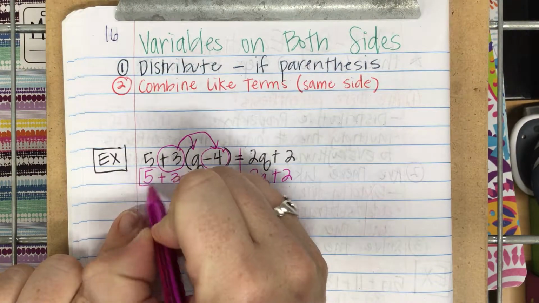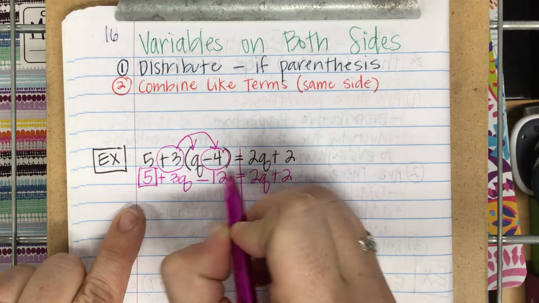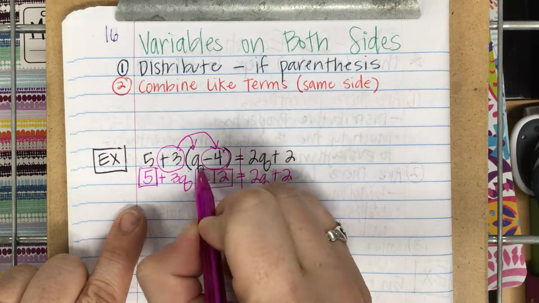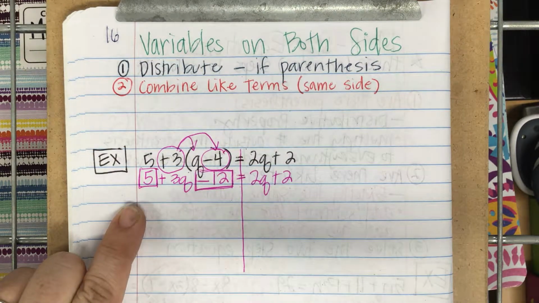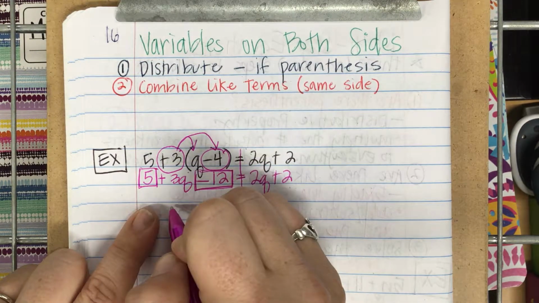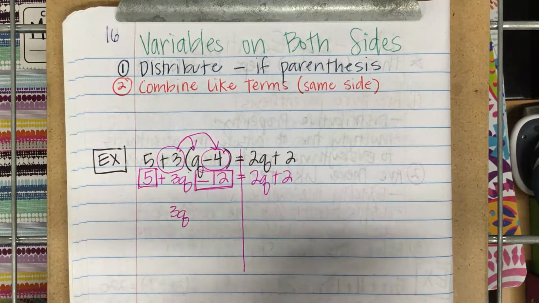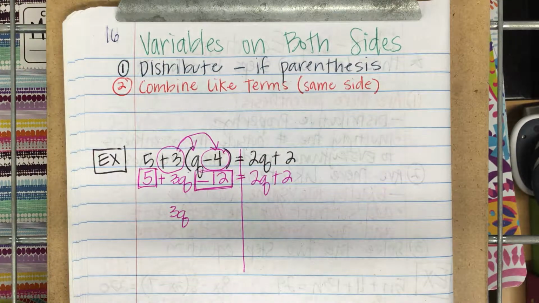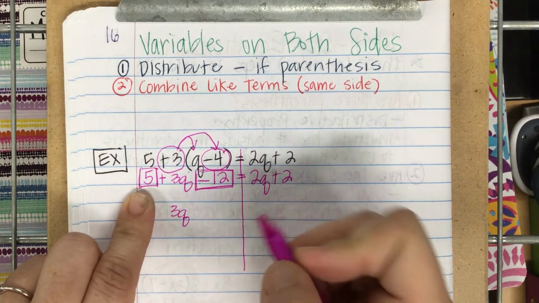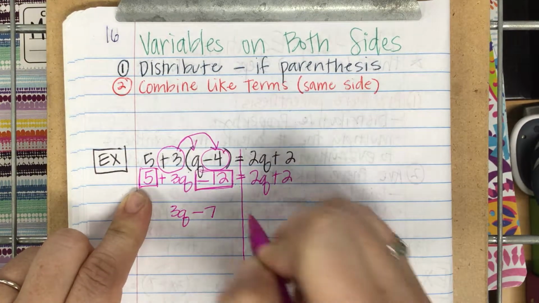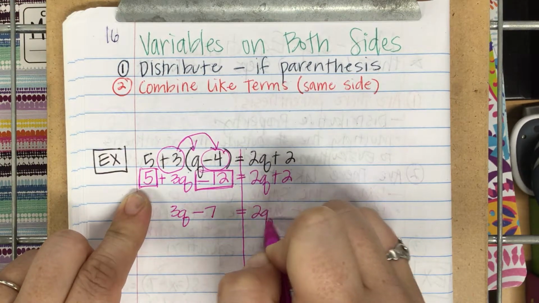That positive 5 is going to go with that negative 12. So I'll rewrite the problem. I'll put 3Q first. Doesn't matter. Do you agree? And then 5 minus 12, negative 7, equals 2Q plus 2.